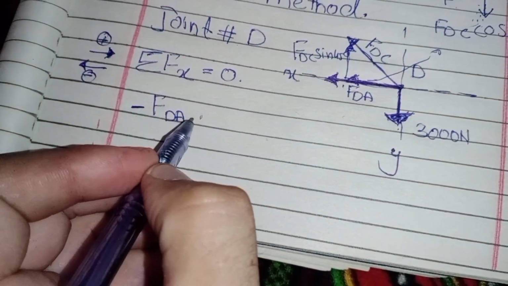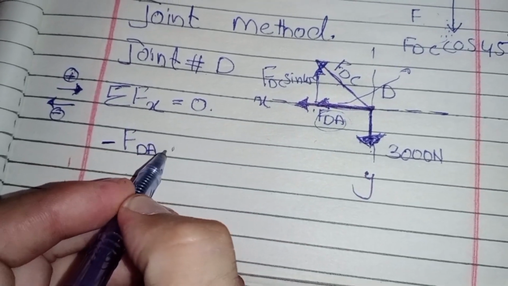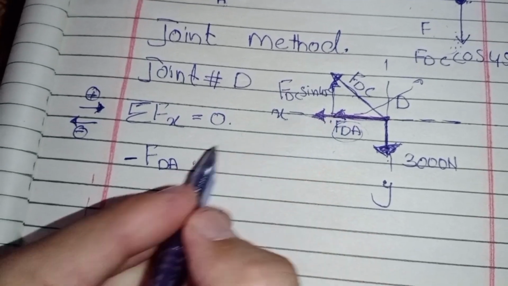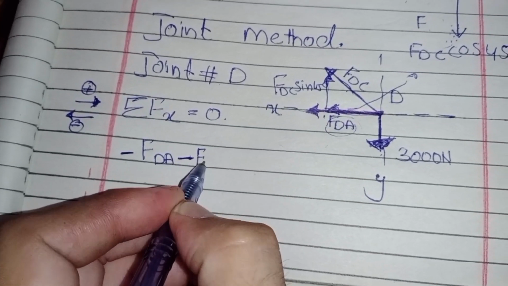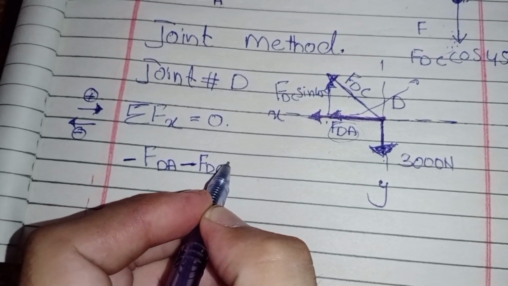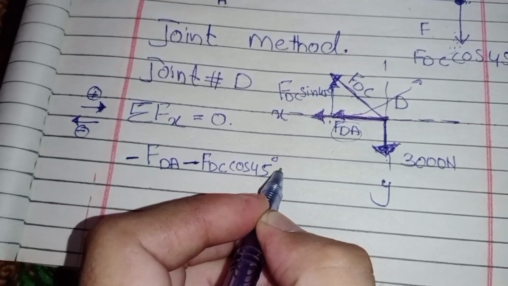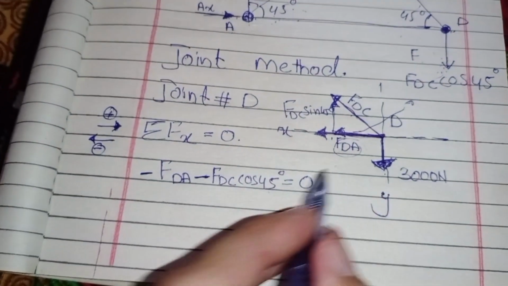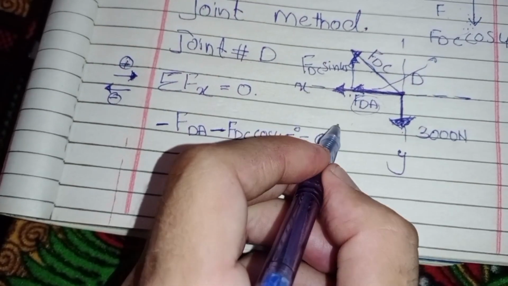So this component is also directed toward left, negative: minus FDA minus FDC cos 45 equal to 0. There is no other force in horizontal. So this is equation 1.